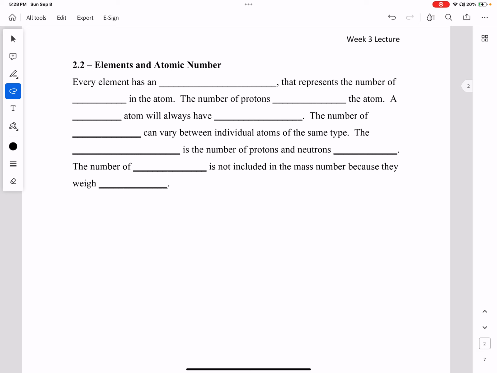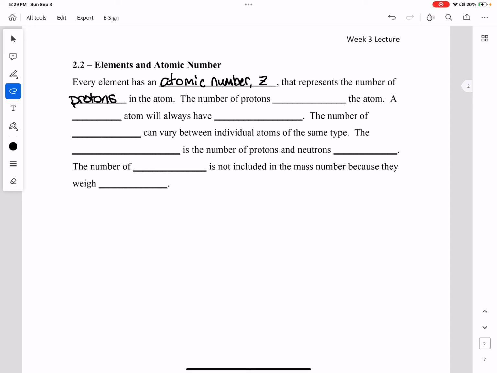So, elements and the atomic number. The atomic number is symbolized by a capital Z, and it represents the number of protons in the atom.